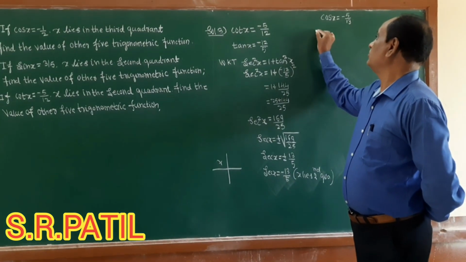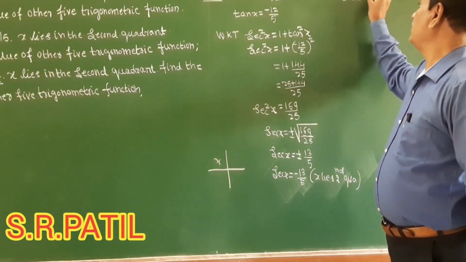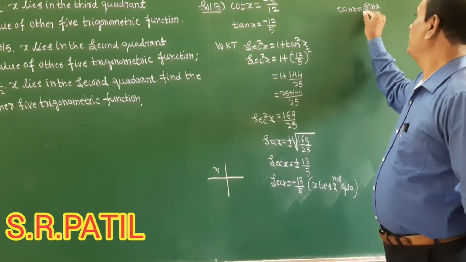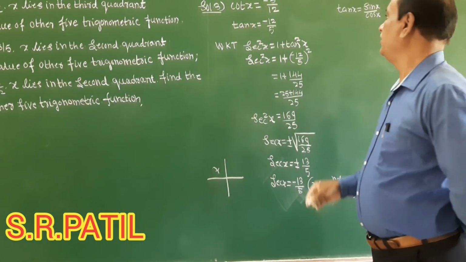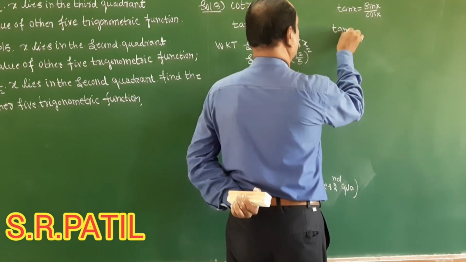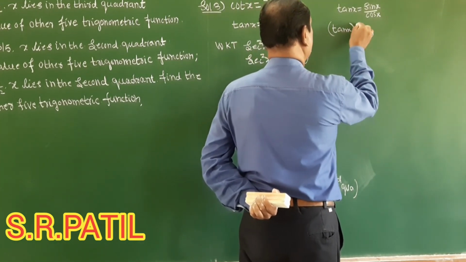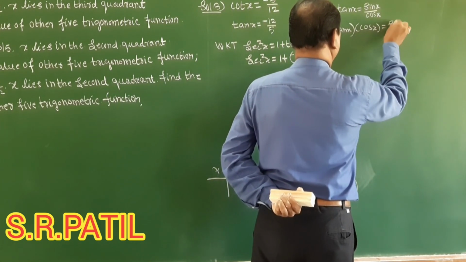We know that tan x is equal to sin x divided by cos x. So we know this formula. Rearranging and multiplying on this side, tan x multiplied by cos x is equal to simply sin x.